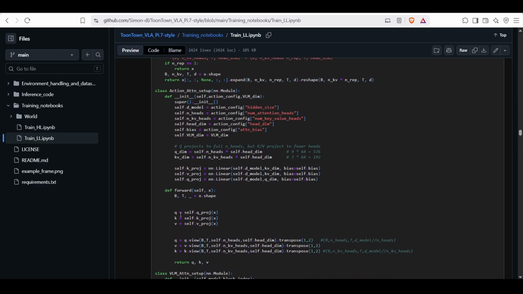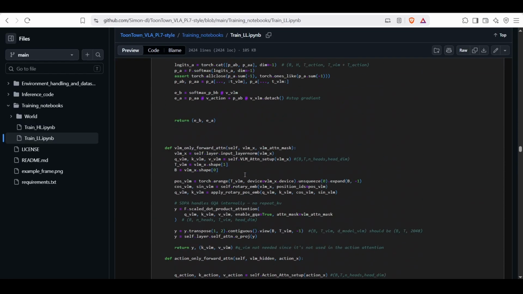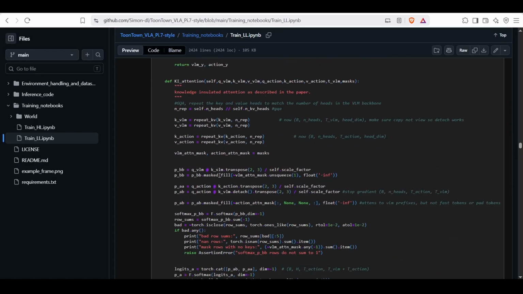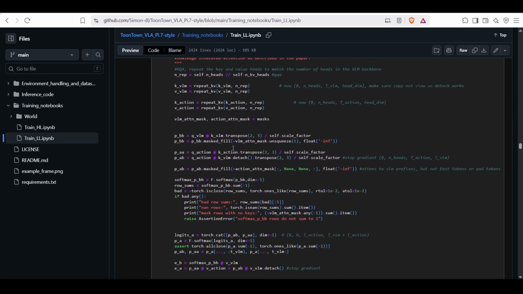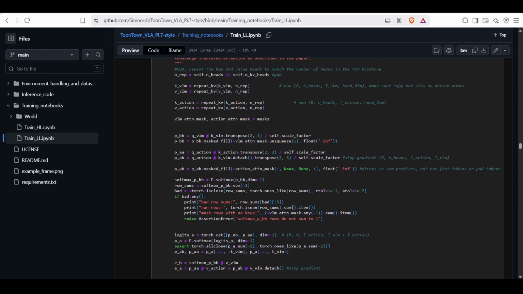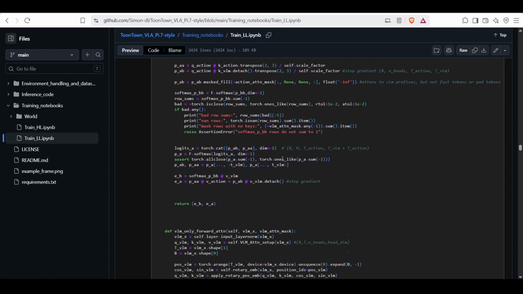I had to get the representations from the vision language model and the action model, and then combine them together into this new attention calculation where the action expert can attend to the vision language model, and then I had to add the crazy masks so that they can't send their gradients back through each other.